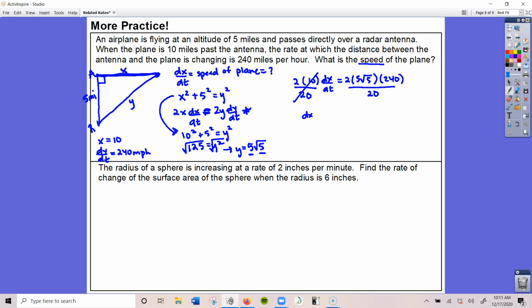So dx dt is equal to, now I can simplify, so I can get rid of this 20. 24 divided by 2 here is 12. So what I have to multiply here is 12 times 5 times 2. So dx dt is going to equal 120, because 2 times 5 is 10, 10 times 12 is 120, square root 5, and then remember proper units, this is miles per hour.